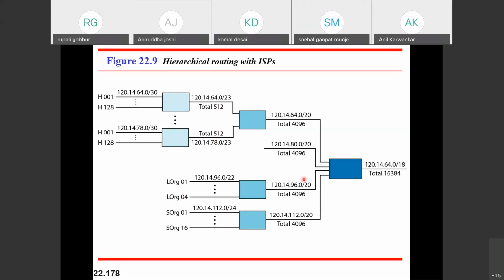In such a way, if the total is 4096, then the destination for the specified terminal will be routed hierarchically from this particular router to this router, then the internal switch which is connecting the specified network. It's very necessary for you to identify how the hierarchical routing is identified by the internet service provider.